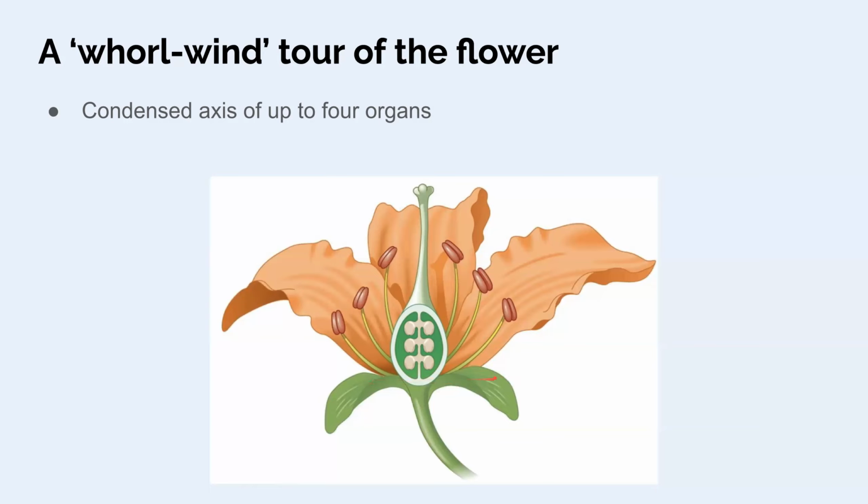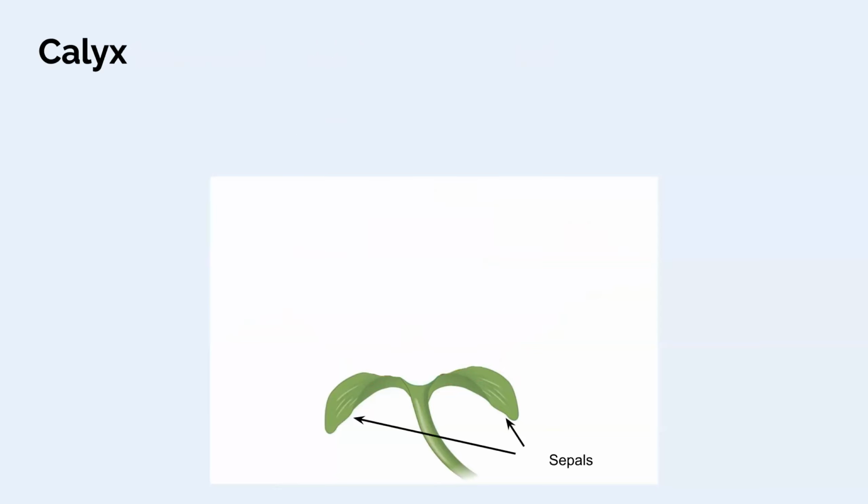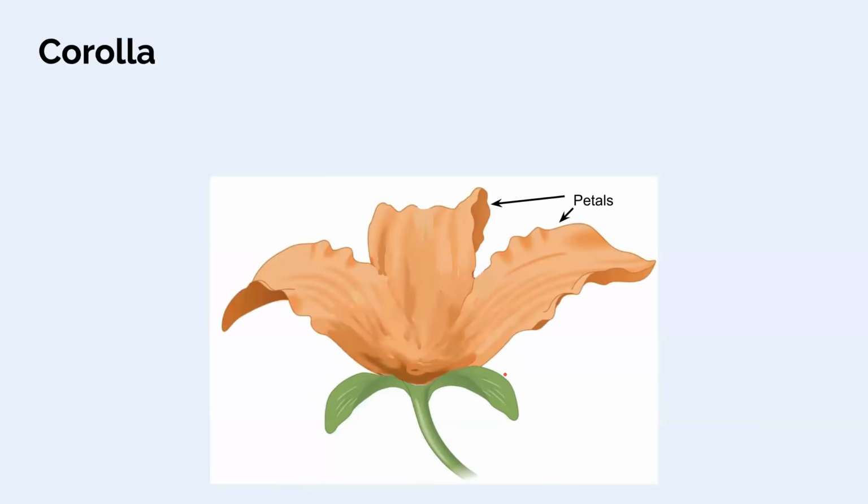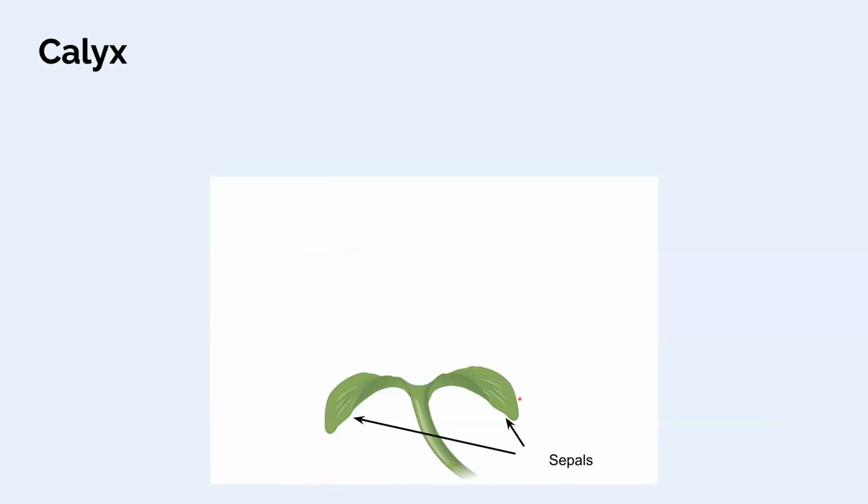So sepals on the outside, petals in from that, stamens in from that, and then carpels, or this female reproductive structure, at the very center of the flower. So highly conserved across all different kinds of flowering plants. So we'll just kind of build up this image, one organ layer at a time, starting in from the sepals.